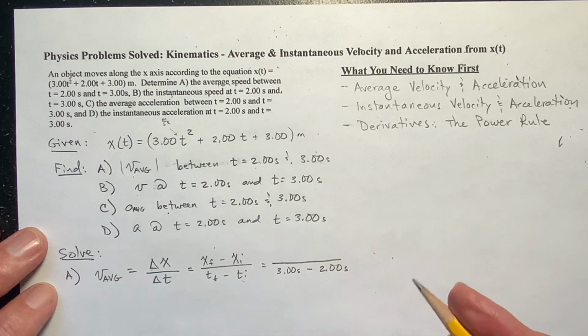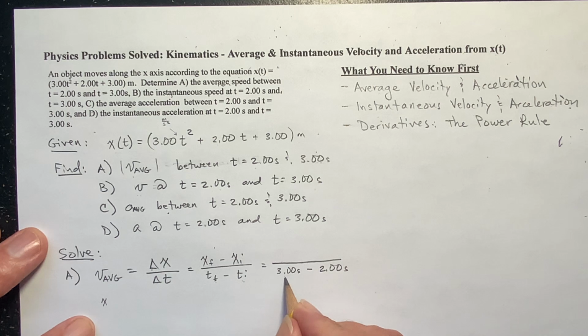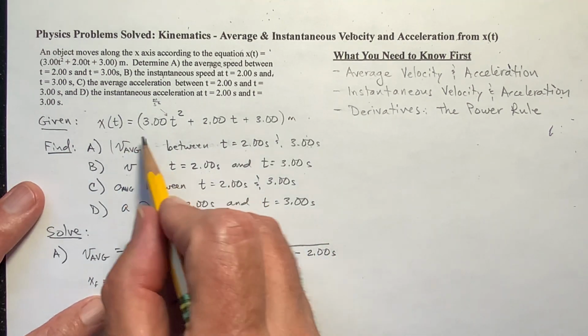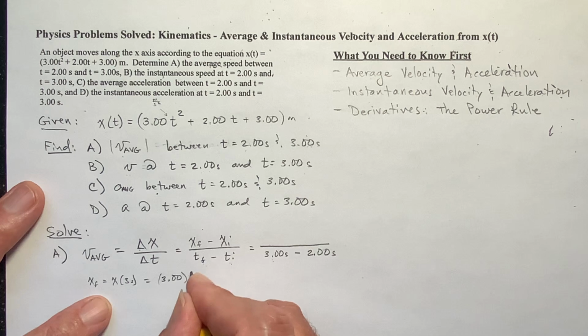Now what is x final? Well, x final is the position at t equals 3 seconds. So x final equals x at 3 seconds. So I'm going to plug 3 seconds into the position equation. That's going to be 3.00 times 3 seconds squared.